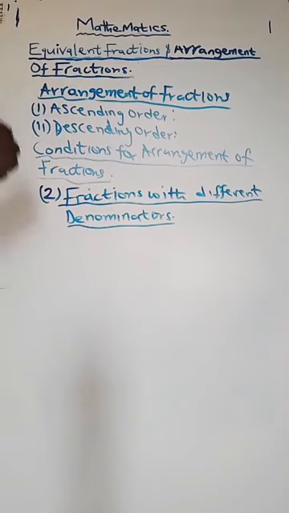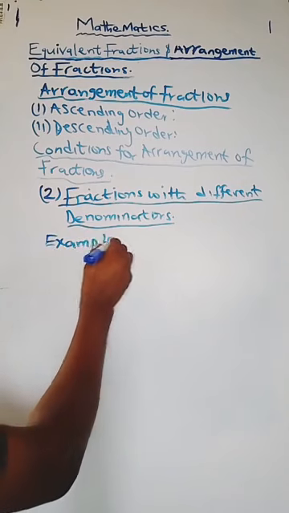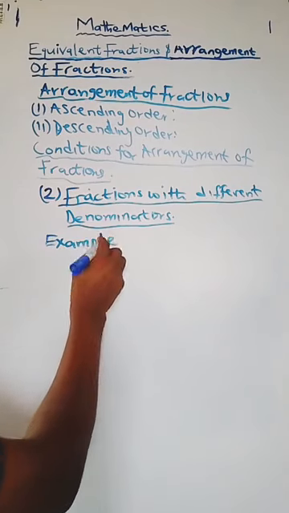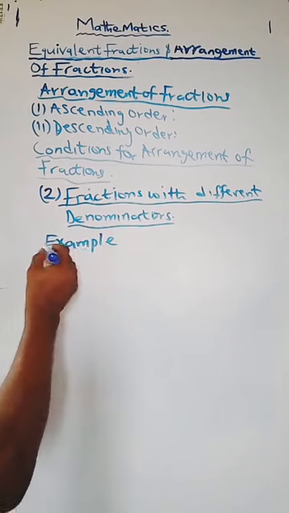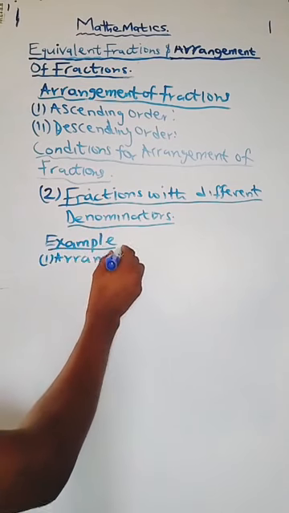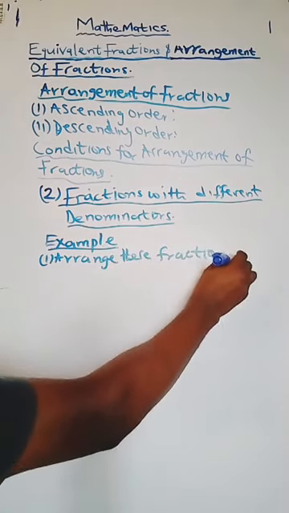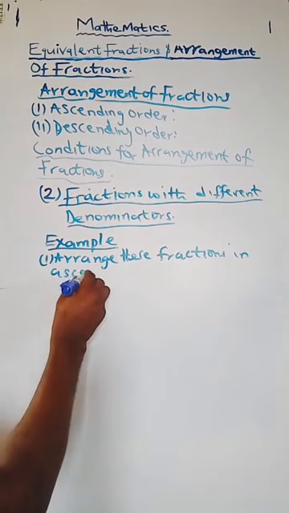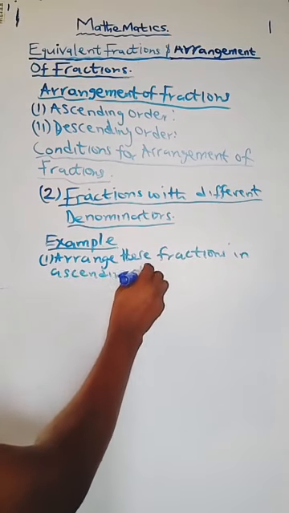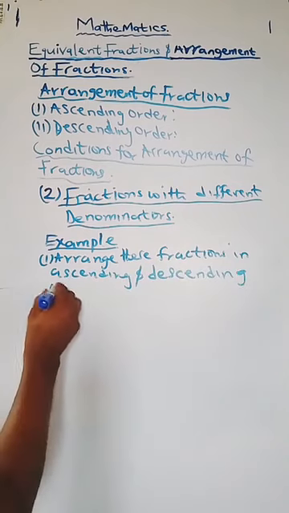Let's look at the example so that we can understand what we are saying under fractions with different denominators. Let's say you have a question that says arrange these fractions in ascending and descending orders.